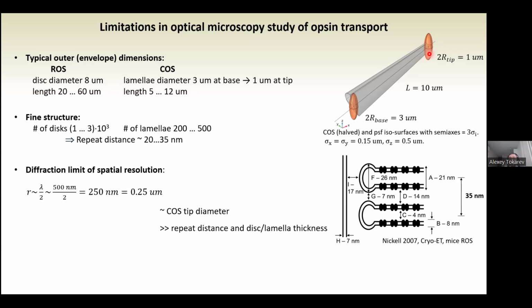Okay, and if we turn not to diameter but to distances between lamellas, the situation is worse because the distance between lamellas is about 10 nanometers, and that is much below the resolution of microscopy.